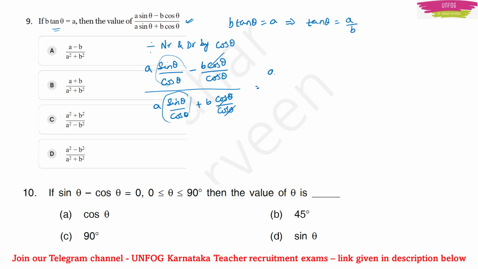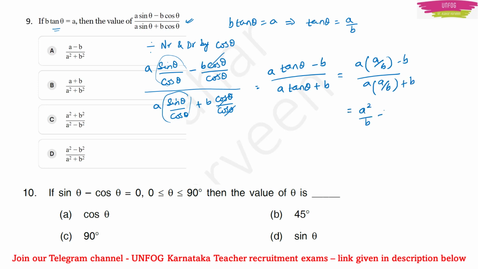So this will be equal to (a tan theta minus b) by (a tan theta plus b). Now I'll substitute. What is tan theta? It is a by b, right? Minus b by a into a by b plus b. Then I will have (a square by b minus b) by (a square by b plus b).